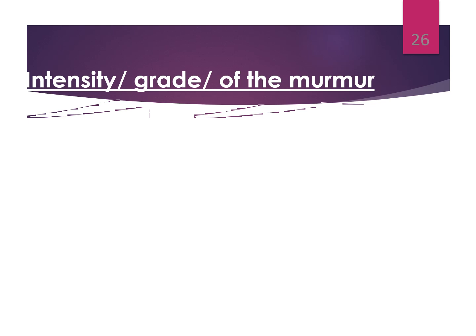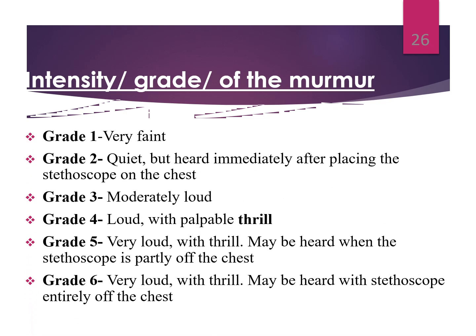We also have to grade the intensity of the murmur. We grade into 6. A grade 1 murmur is very faint and barely audible in a quiet room. Grade 2 is quiet, but heard immediately after placing the stethoscope on the chest. So a grade 2 murmur is audible, whereas grade 3 is moderately loud.